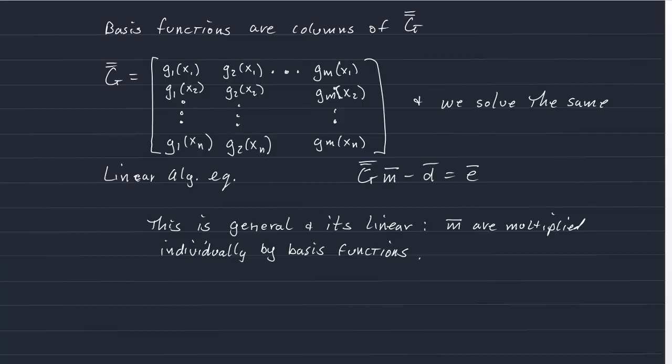Or in other words, this is a linear algebraic equation because m is a linear term as a vector in the equation. Okay, so this is how we set up our system, and you can read about how you go about solving for m by, again, minimizing e squared.